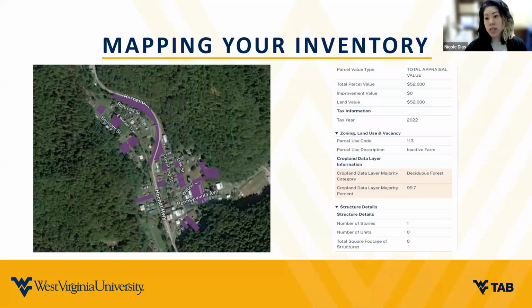It pulls USPS vacancy data, zoning data, land use, tax information, owner information, details of the structure, and how many structures are located on the parcel. And then we are able to use that map and incorporate it into the different plans and grant applications.